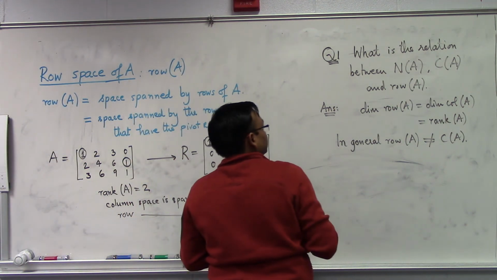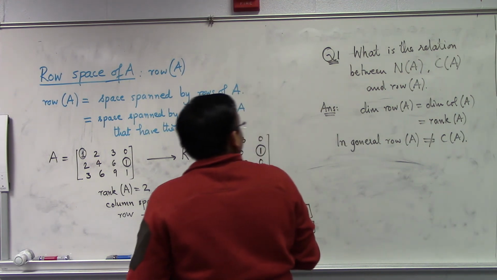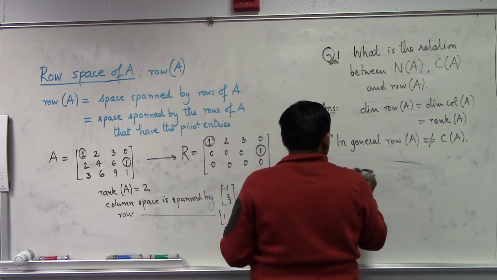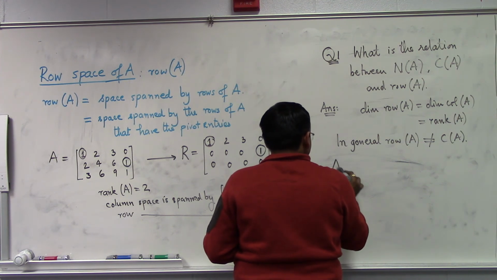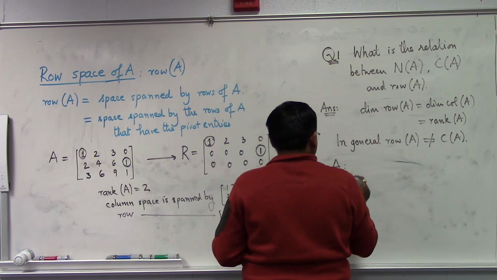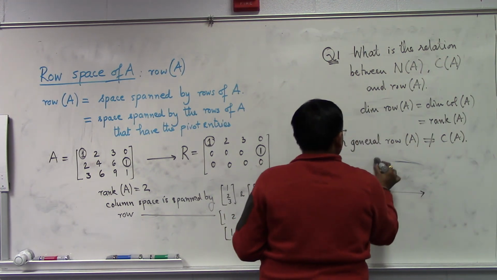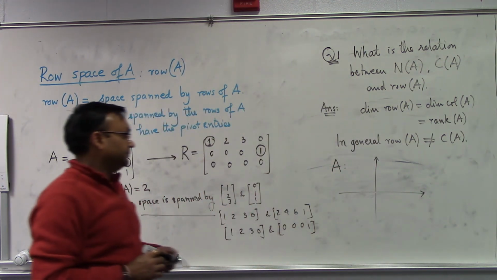But still, what is the connection between the null space of A and the column space of A, or the row space of A? Before we answer that, let me ask you another question, which has something to do with a little bit of geometry.